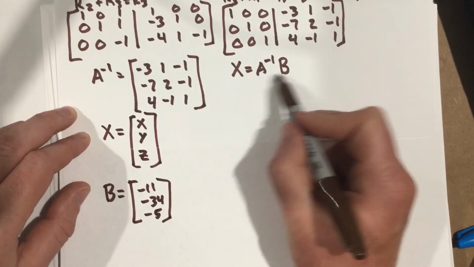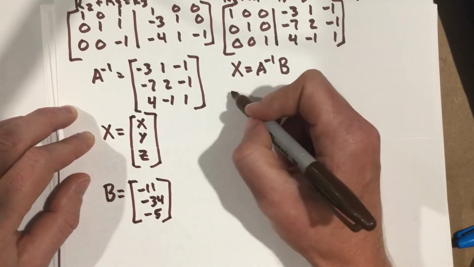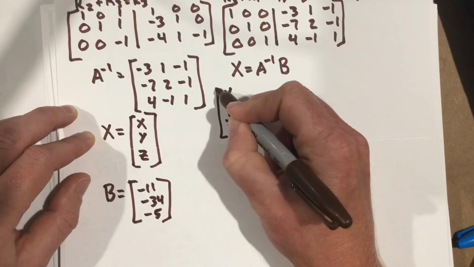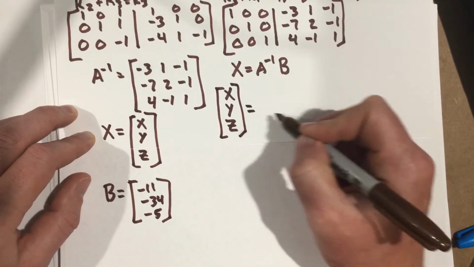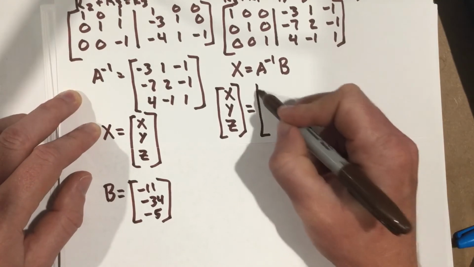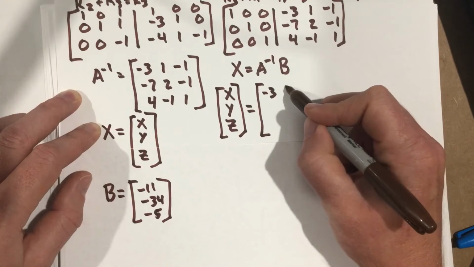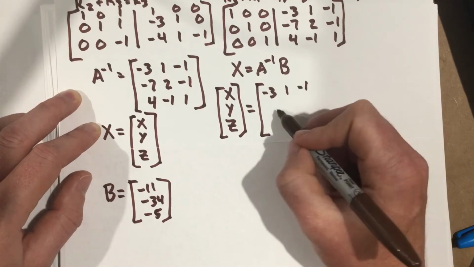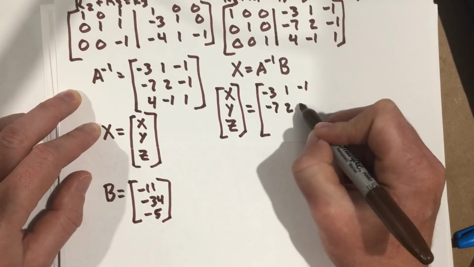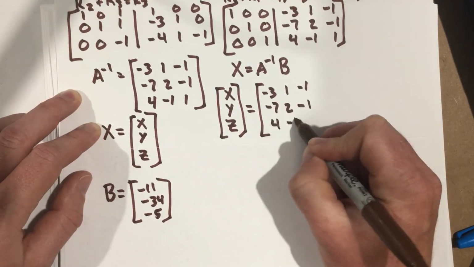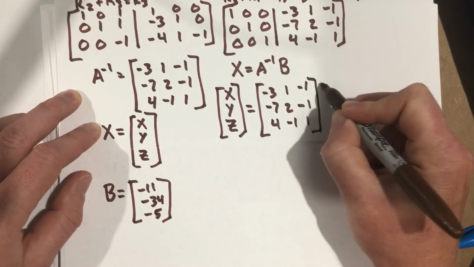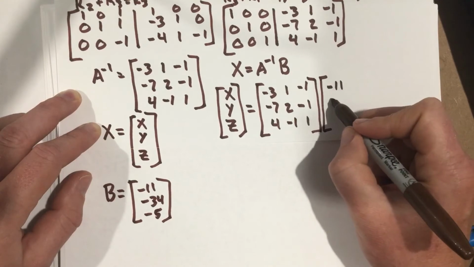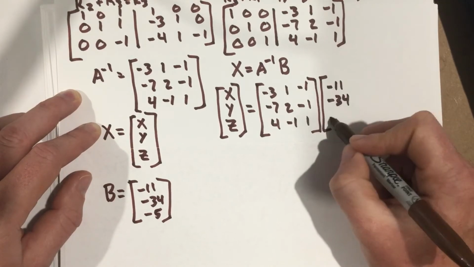So when we do x equals A inverse B, we're going to say x, y, z is equal to -3, 1, -1, -7, 2, -1, 4, -1, 1, times b, which we know b to be -11, -34, -5.